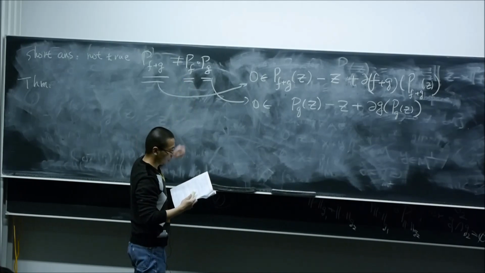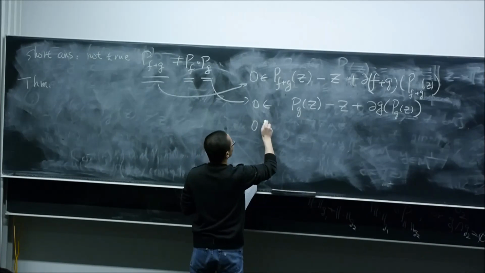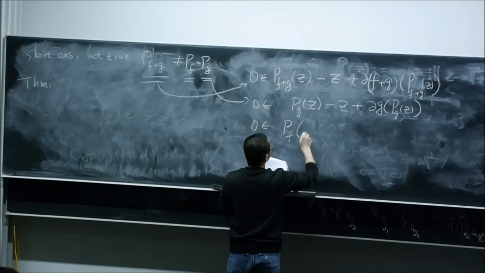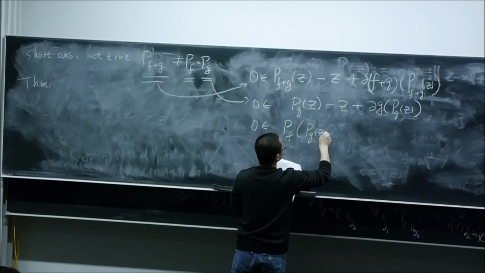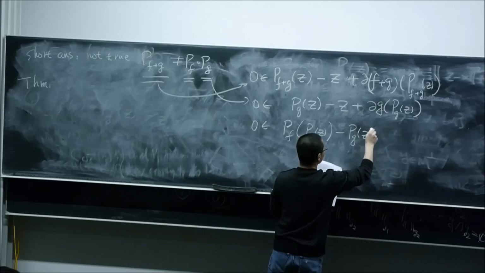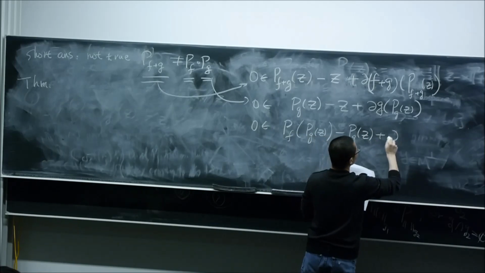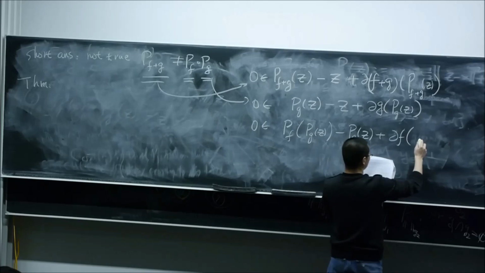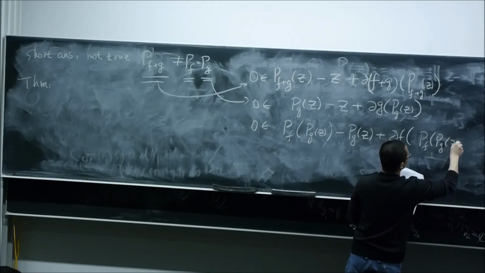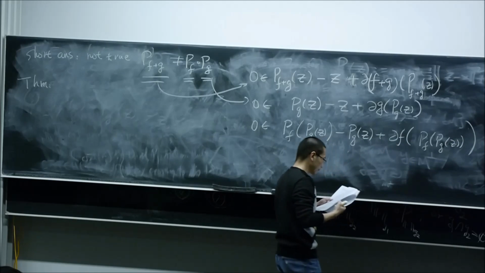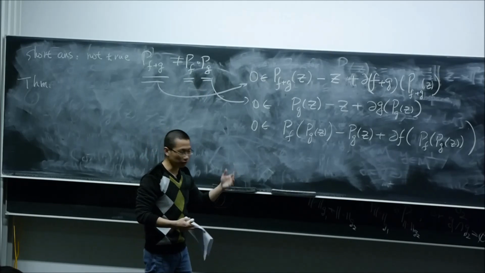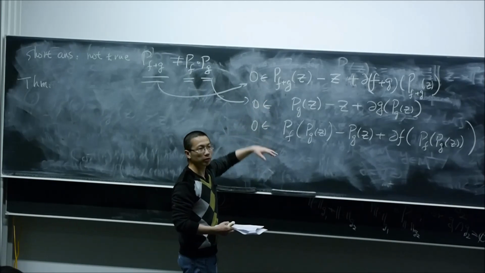And we have this P_F here. Then 0 is in P_F(P_G(Z)) minus P_G(Z) plus the subdifferential of F at P_F(P_G(Z)). It's just the proximity operator at that point.